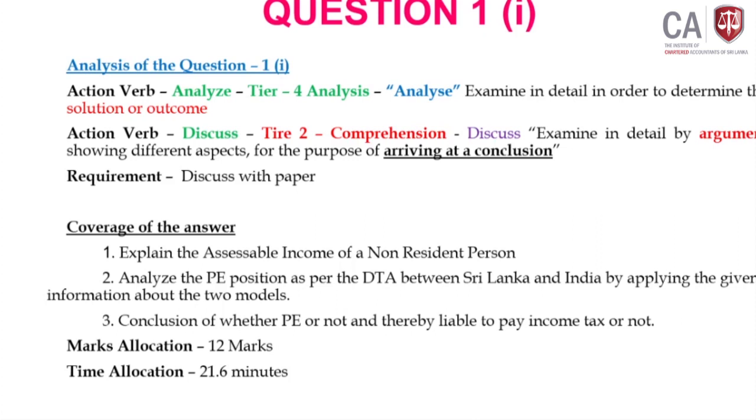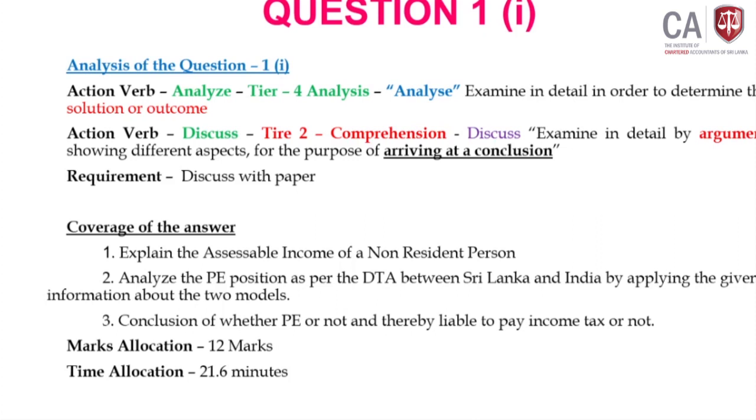In the second context, it's discuss. Tier 2, comprehension: under the comprehension action verbs, discuss is there. What's the meaning of discuss? Examine in detail by argument, showing different aspects for the purpose of arriving at a conclusion. Again, you have to argue with the given information and the provisions of the Inland Revenue Act and the Double Taxation Treaty, and you need to provide the conclusion.